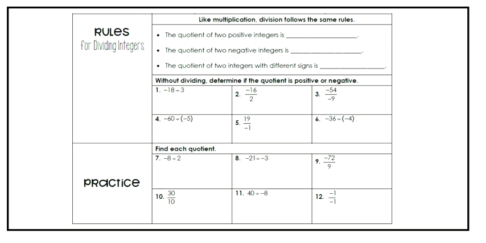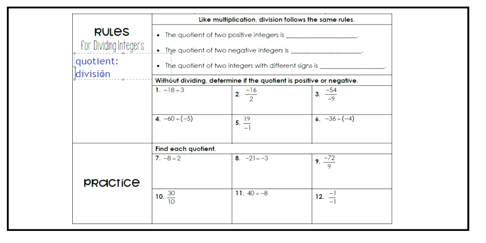So now we're going to go through the rules, okay? And the rules are very similar to the other one. It says the quotient. Quotient means division. So if you are finding the quotient of something, you need to divide.